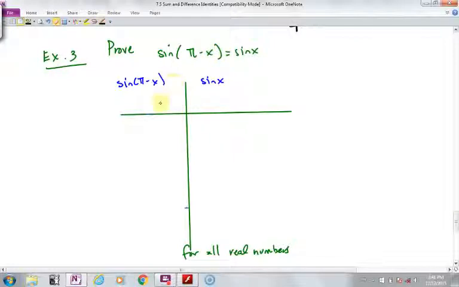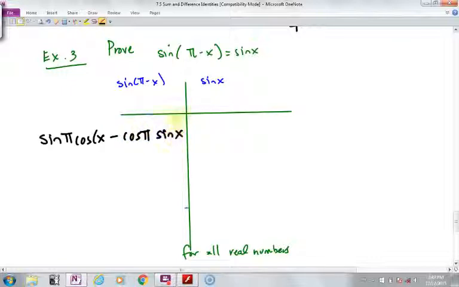So what we're going to do is take this side, the more complicated side, and prove that it's the same as sine x. And we're going to do that using sine pi cos x minus cos pi sine x.